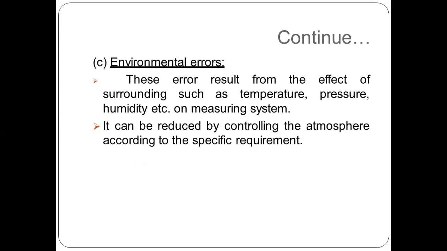So it can be reduced by controlling these conditions. Okay. So most of the time in the quality control department, the temperature, humidity, and pressure are maintained. So you will get proper measurement results.